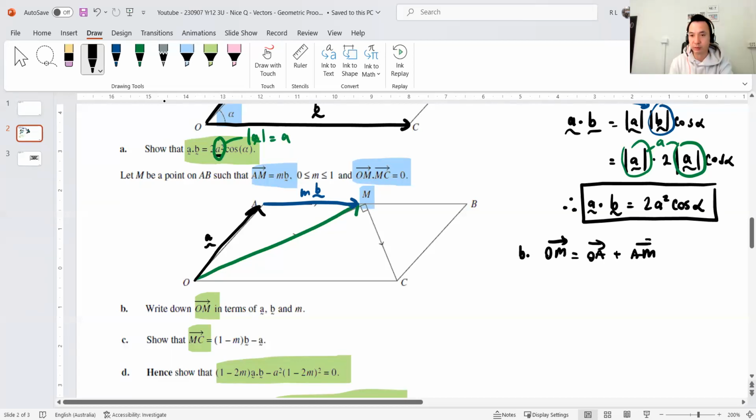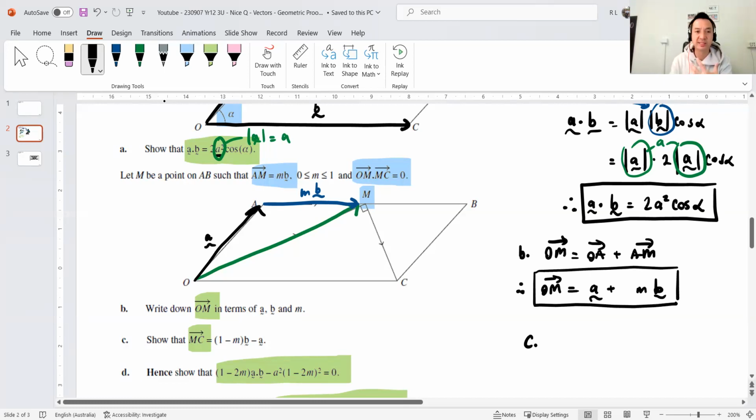This looks like a freebie mark. So it's A plus MB. Check that. Nothing too hard about that. Box around that. Feel like it's taking us somewhere, right?